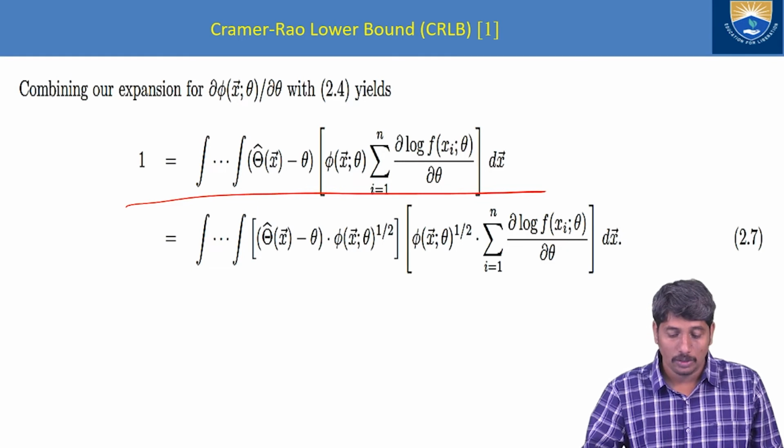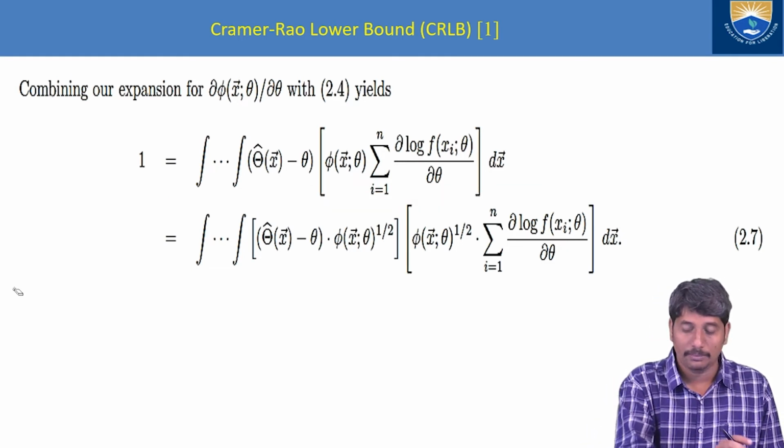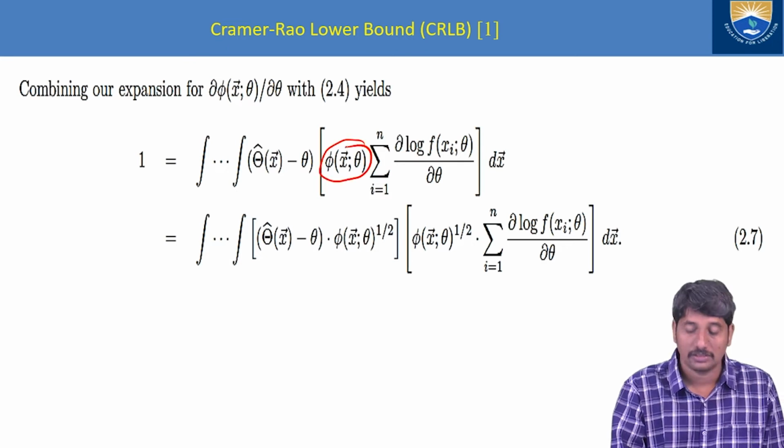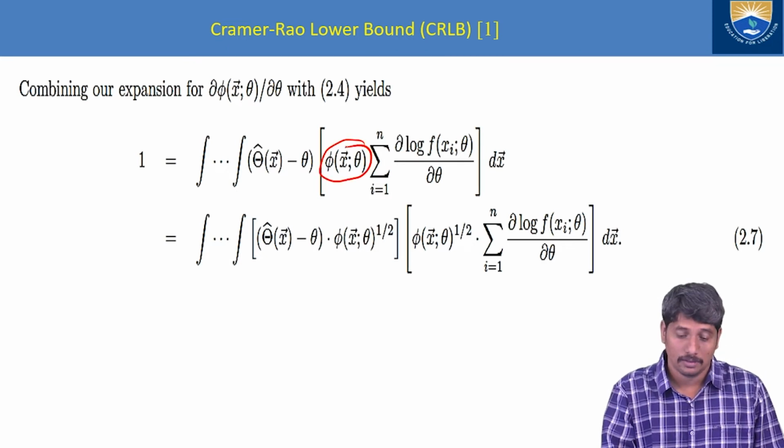Now we are just doing a simple mathematical manipulation. Here we are seeing phi of x, theta, which is a product of n density functions.